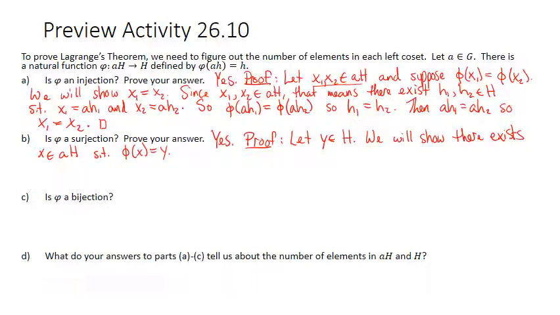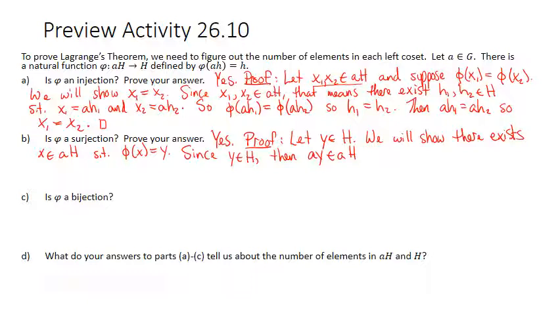Okay, so all right, so how are we going to do this? Well, since y is an element of H, the element that is in the domain that's going to give us this y as an output is going to be the following. It's going to be AY, and that is definitely going to be in AH, because AH is just all the elements of H multiplied by A on the left.